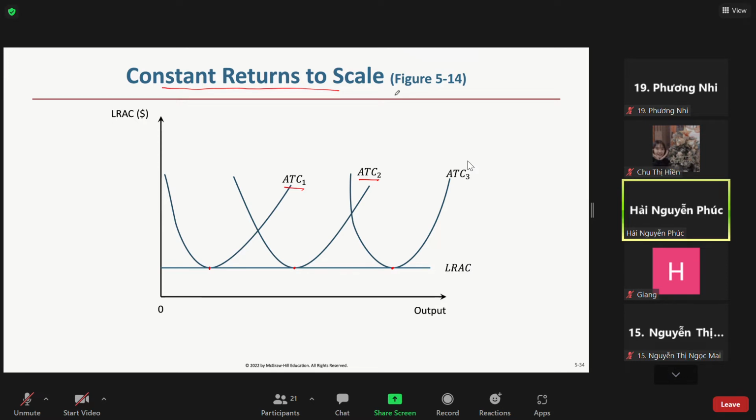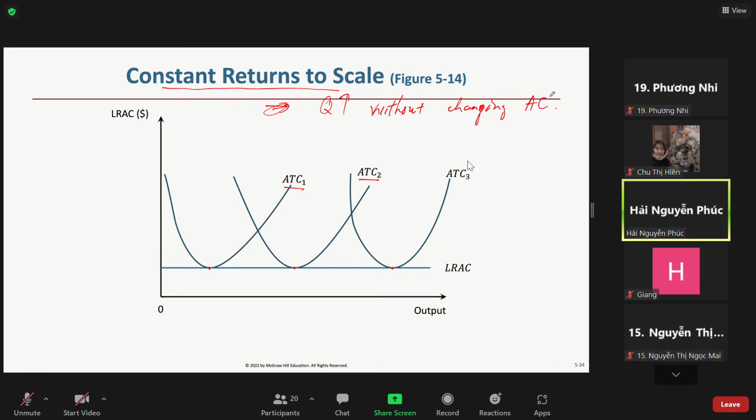Okay. Increase the quantity of production without changing the average cost in the long run. All right.